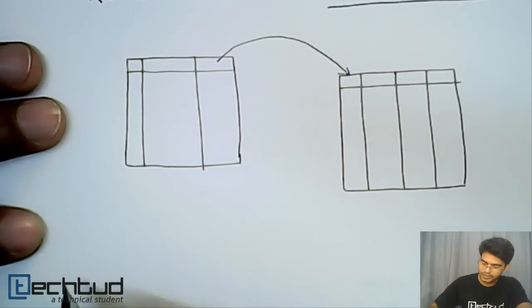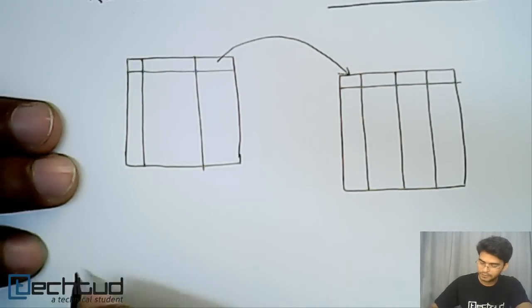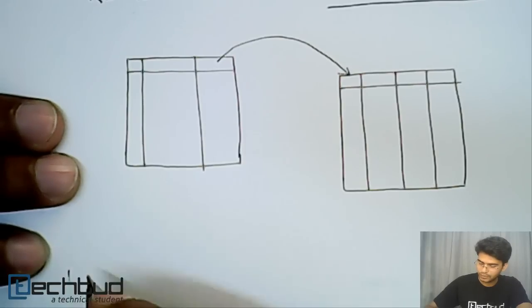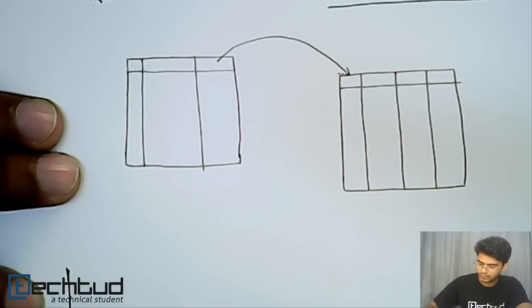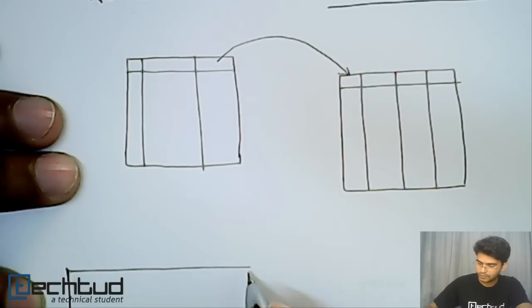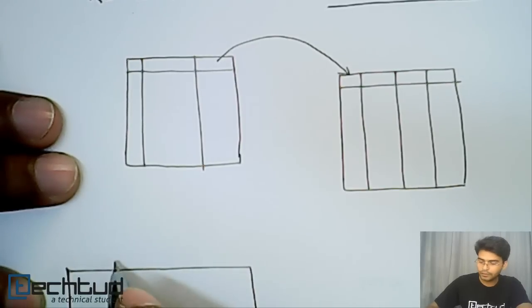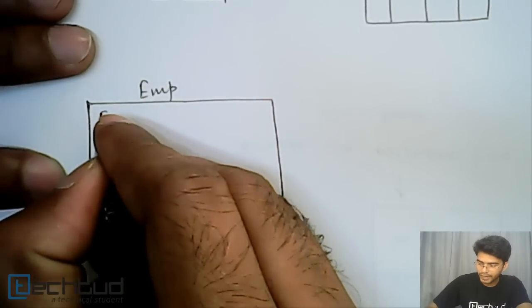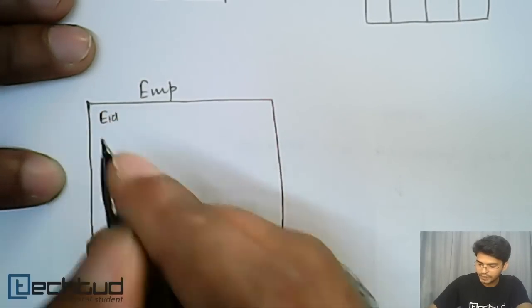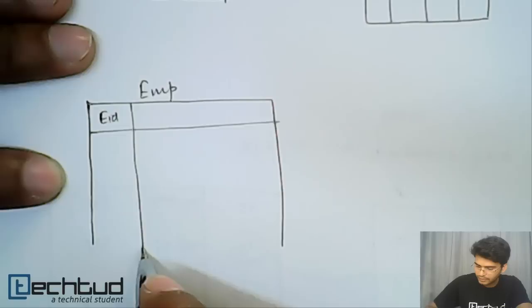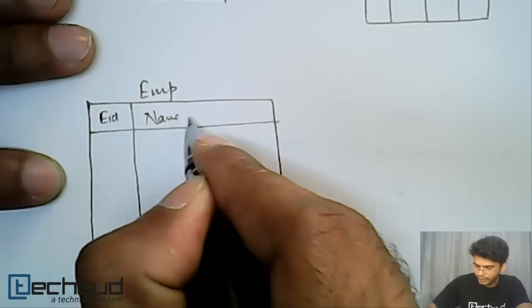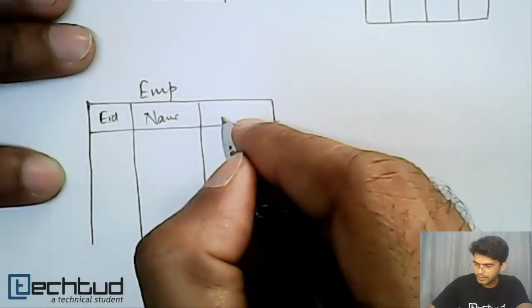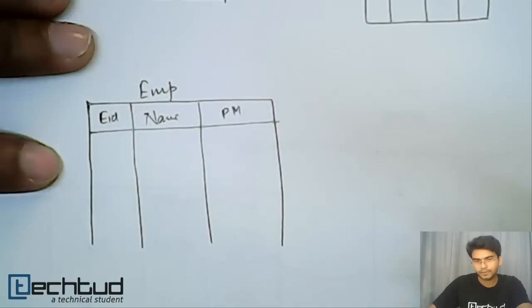For example, let's say there is a table of employee, and in this employee table this is employee ID, let's say EID, and here it is name of the employee, and this one is his project manager. Fine.